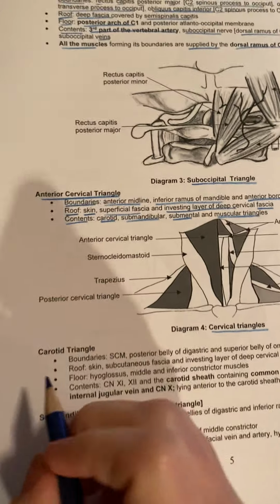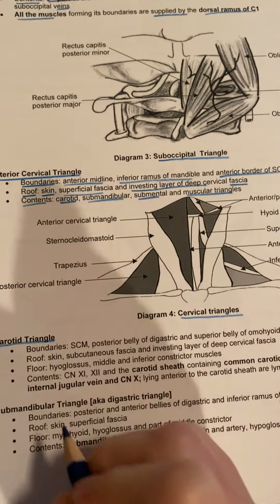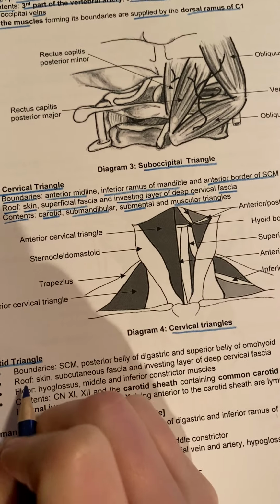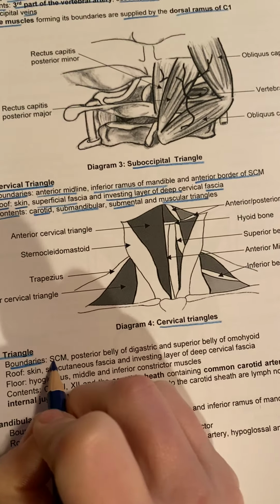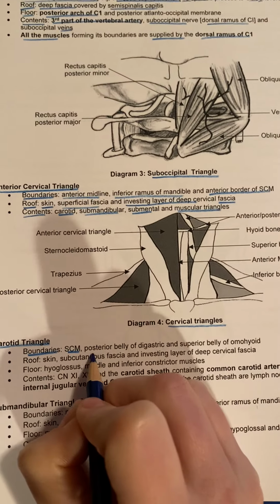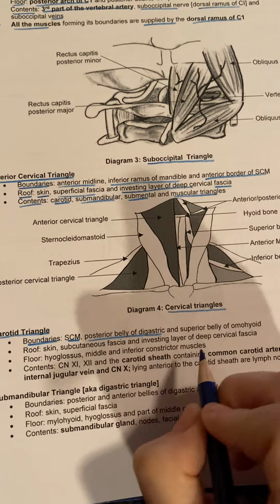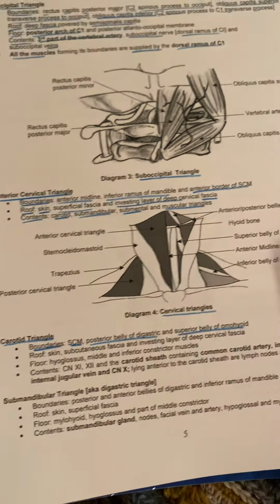Here comes the carotid triangle. Boundaries of the carotid triangle are the SCM, posterior belly of the digastric, and superior belly of the omohyoid.